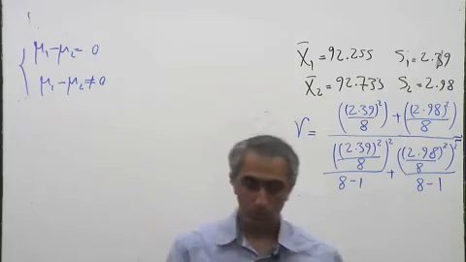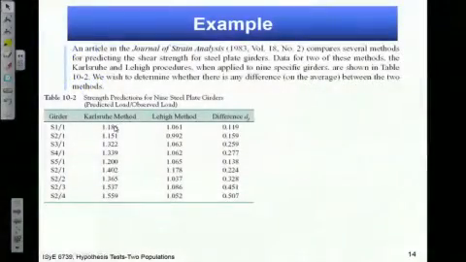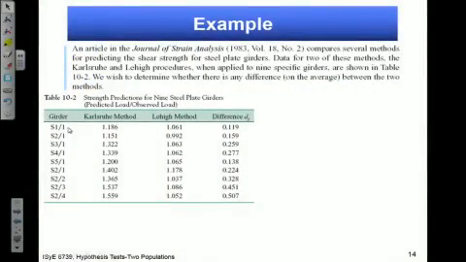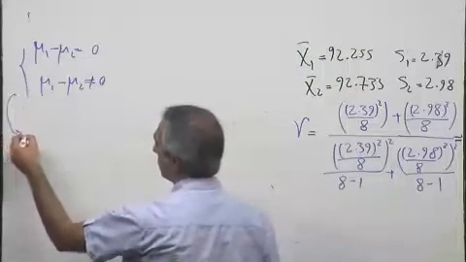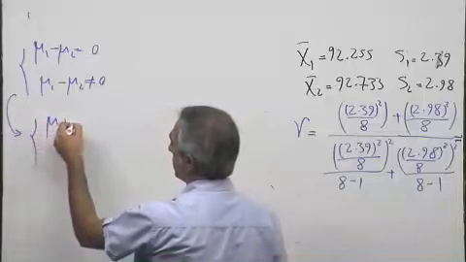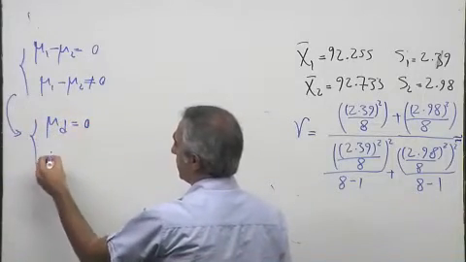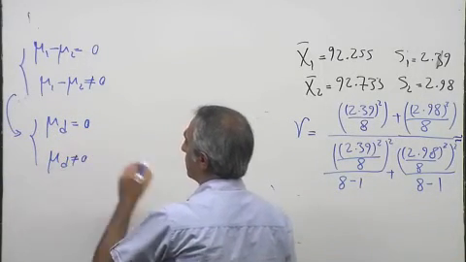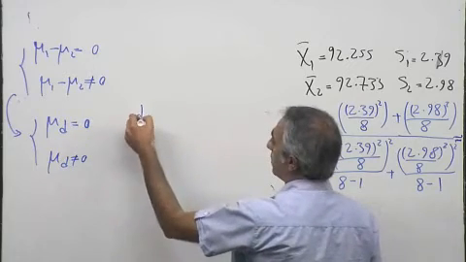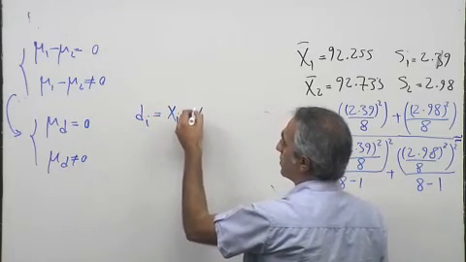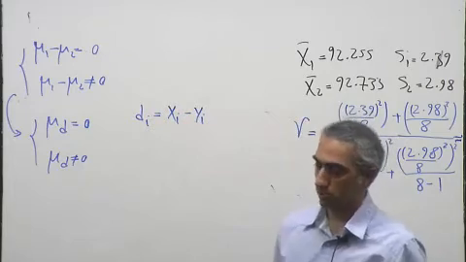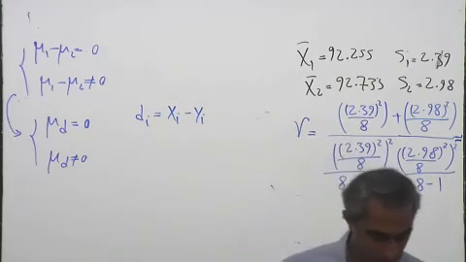Because for each method, I'm using the same specimen. We need to use paired t. And d_i is x_i minus y_i. So we calculate the differences.